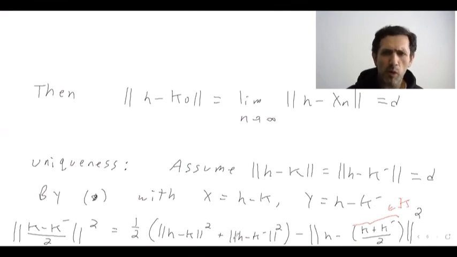Right. Well, both of these are equal to d. So let me erase both of these and replace it with d. So this is d squared and this is d squared. Okay.